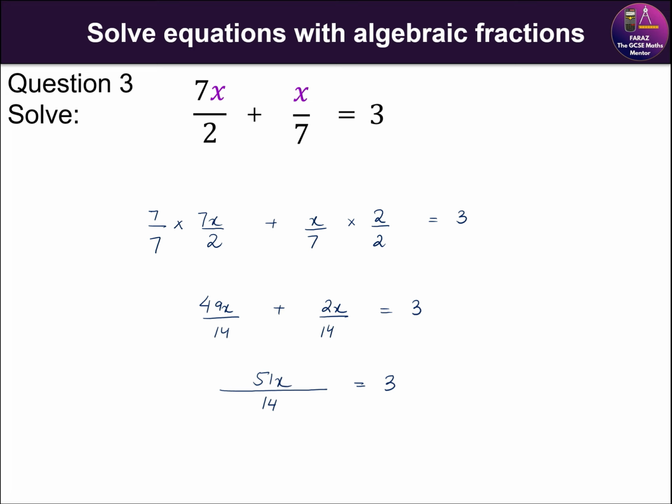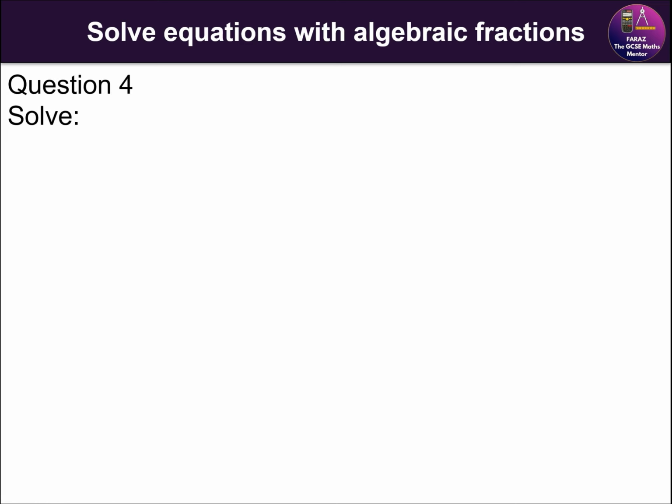Now we can multiply 14 on both sides, it will give you 51x equals 3 times 14. Then after this step, we can write it as 51x equals 42, then x equals 42 over 51, and that's your answer. Now let's look at question number 4.